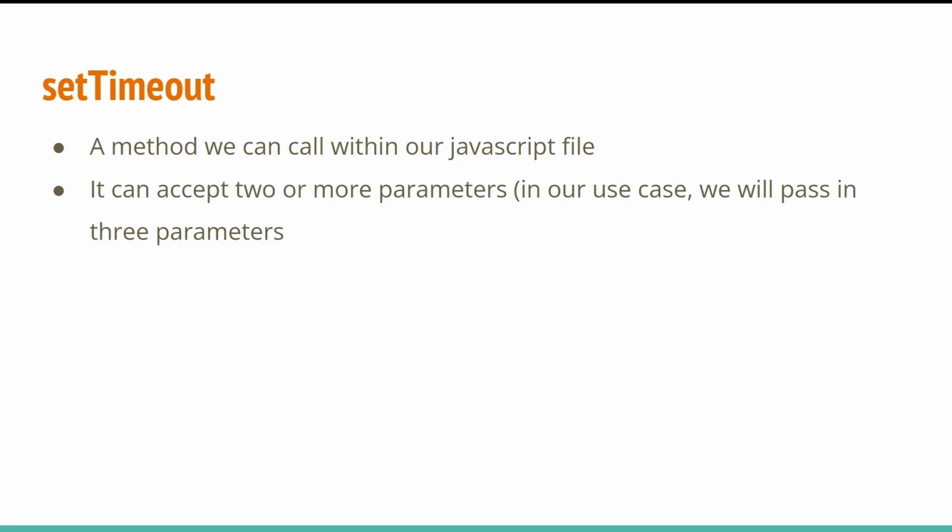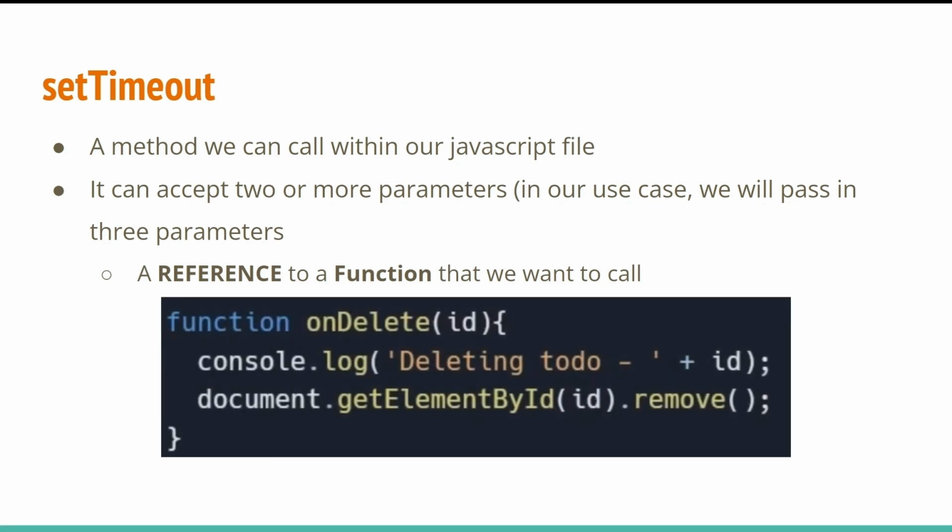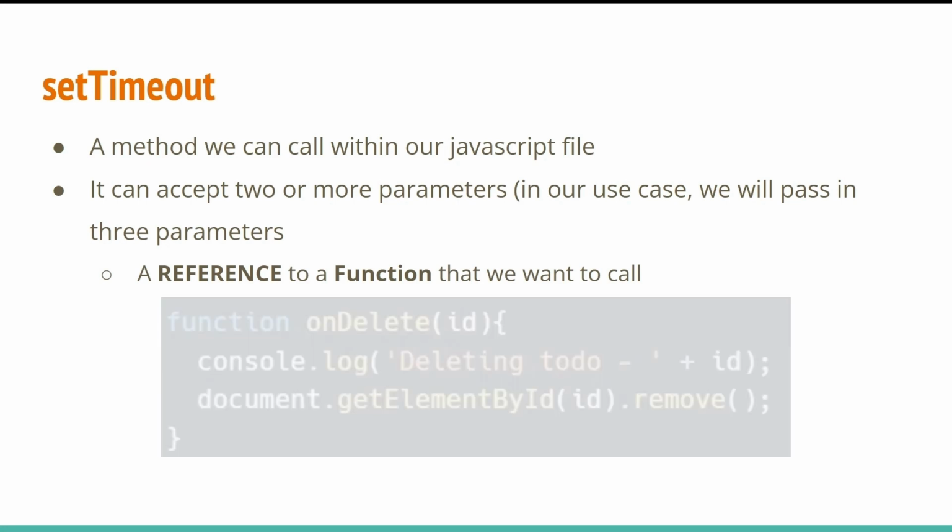The first parameter that we're going to be passing is a reference to the function that we want to call, and it's very important that I emphasize the word reference, which I'll explain later. For me, I want to pass in a reference to the onDelete function to this setTimeout.